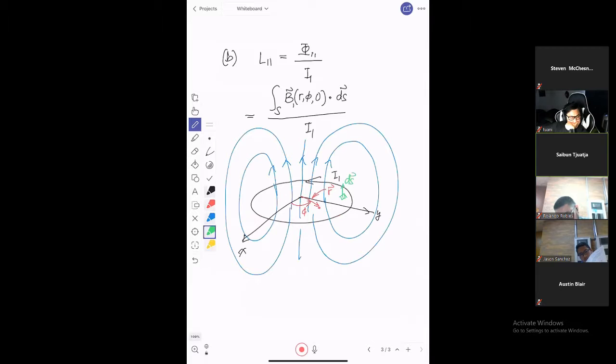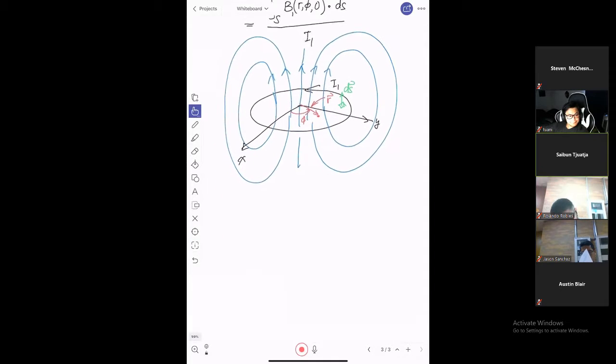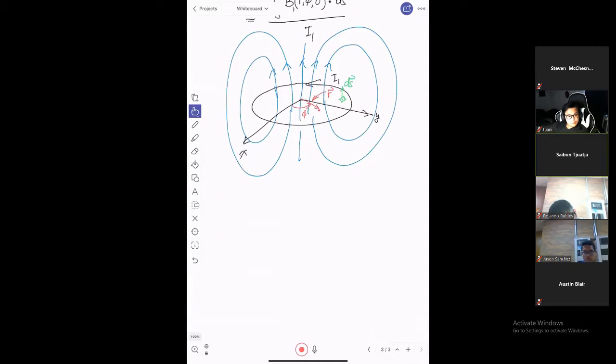Any questions? So the challenge now is, how do we solve for this? In order to solve for this, again, we apply the Biot-Savart law. Now, what does the Biot-Savart law look like? Let me turn it around.